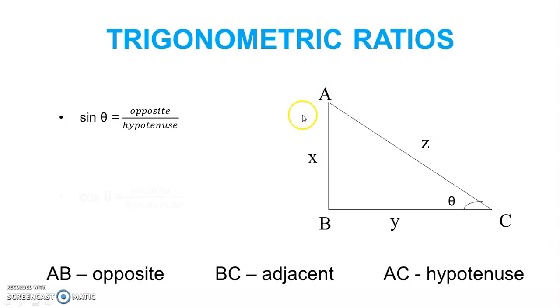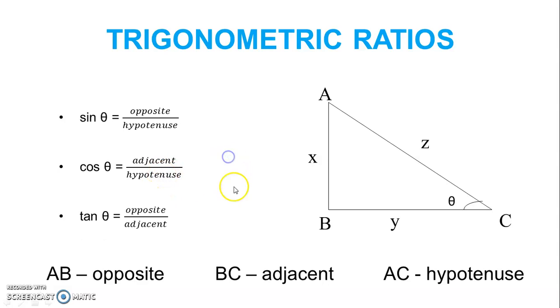From this triangle we can write three trigonometric ratios: sin theta, cos theta and tan theta. Sin theta is the opposite side divided by hypotenuse, cos theta is adjacent side divided by hypotenuse, and tan theta is opposite side divided by adjacent side.